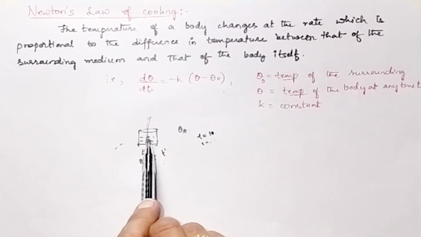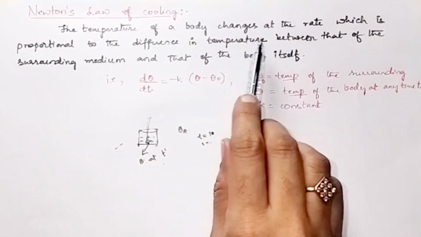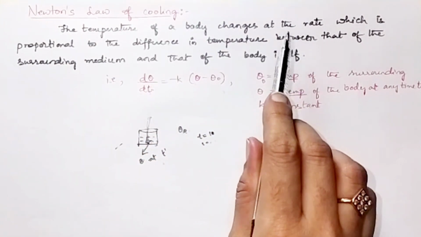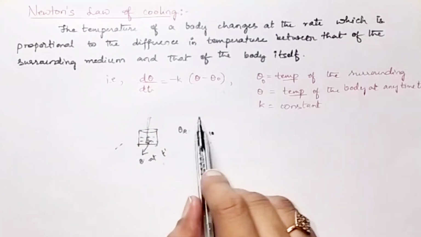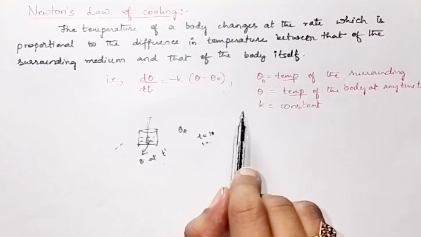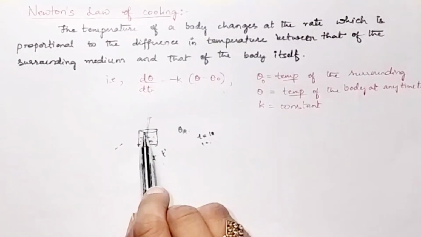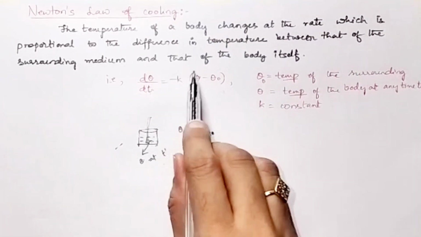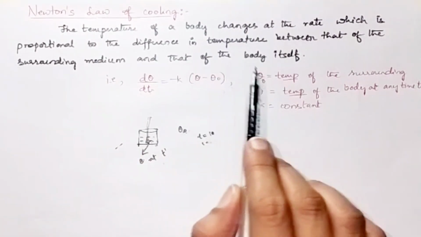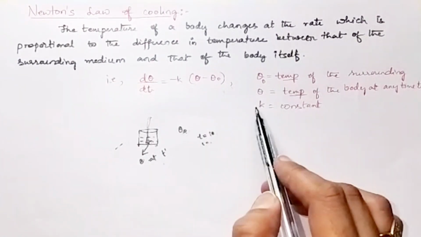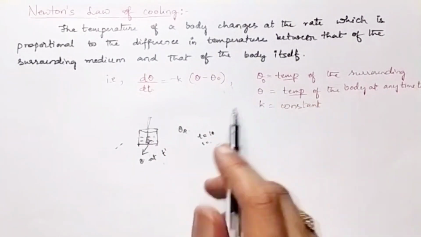Without being there, if you know the initial conditions, like the initial temperature and the drop from the initial temperature over some minutes, then just with this equation you can predict the temperature after given minutes.